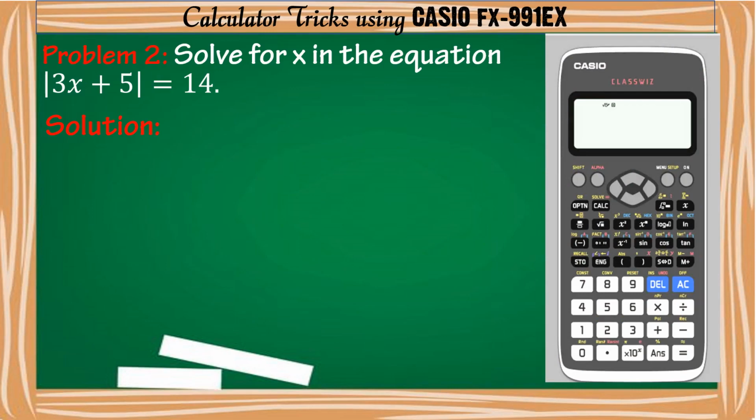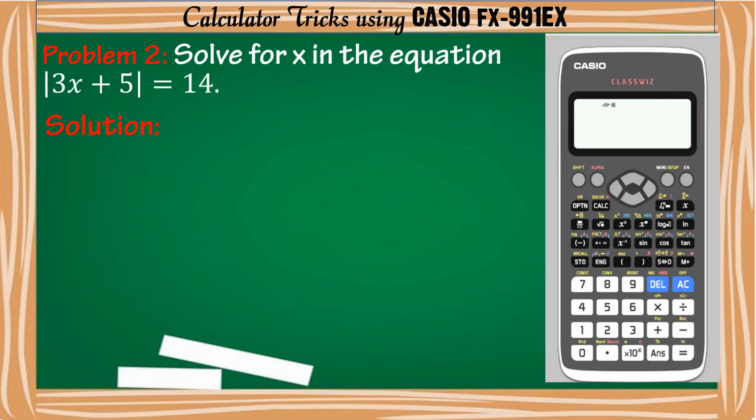We already obtained the positive value, which is 3, but we still need to solve the negative value. I have mentioned earlier that when we encode the given absolute value equation directly to the calculator, we can only get one value, either positive or negative. We obtained a positive value.